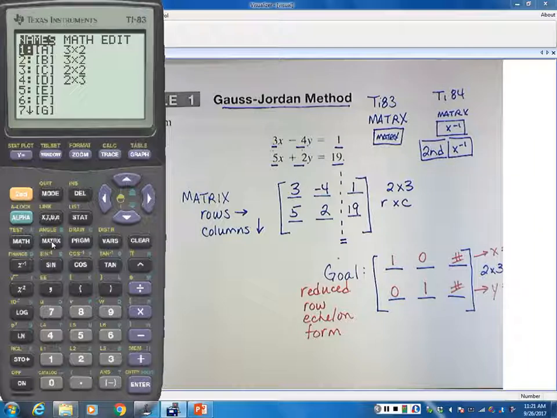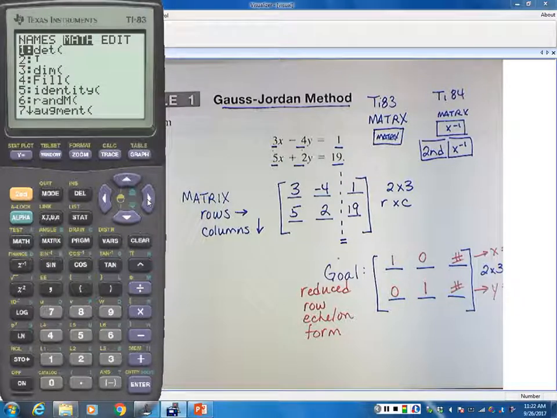Okay? This is the names of all the matrices the calculator knows. So it goes A through J. More matrices than you'll ever need to have in this class. If you right arrow, it gives you some math things that you can do with matrices.